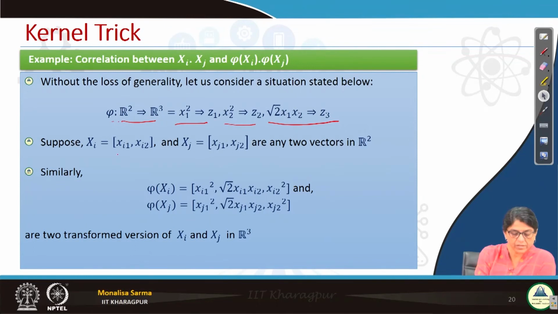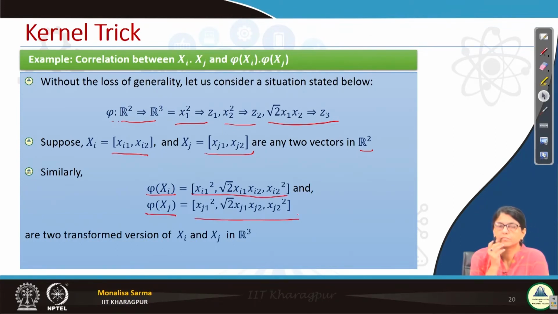If my given observation xi is (xi1, xi2) and xj is (xj1, xj2), these are any two vectors in R2. Then phi of xi will be this and phi of xj will be this, isn't it?